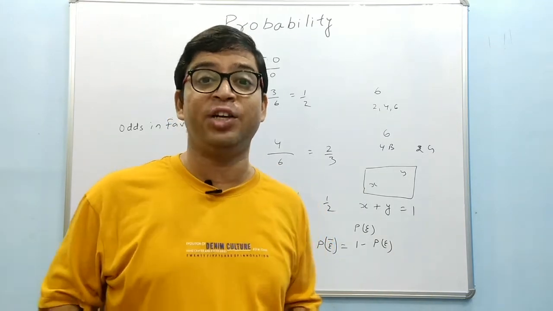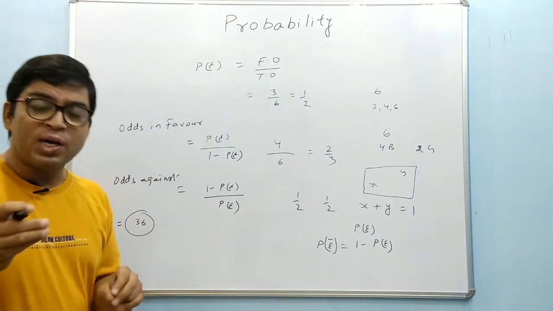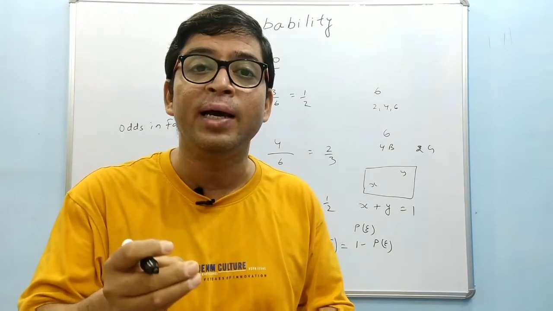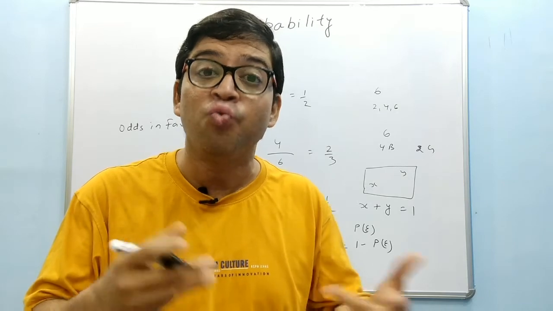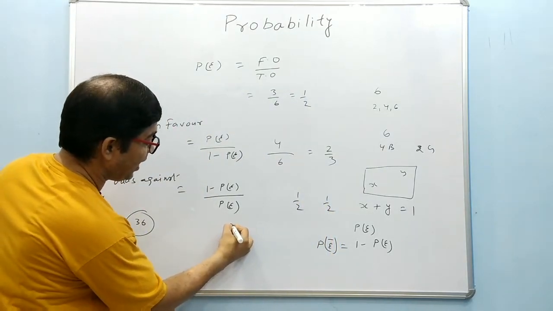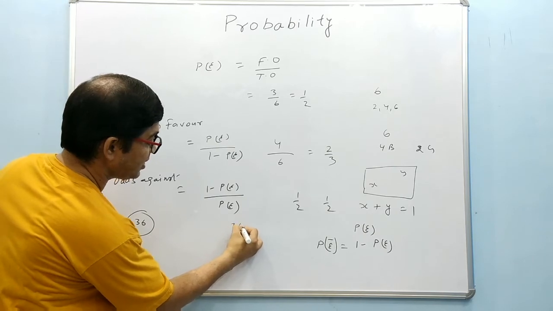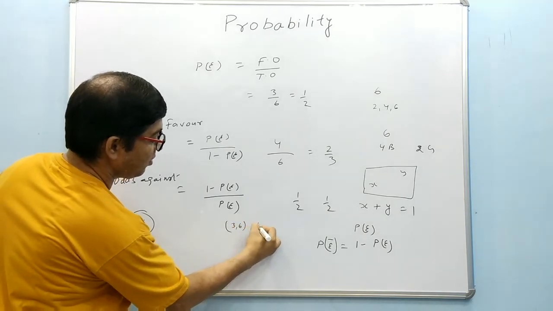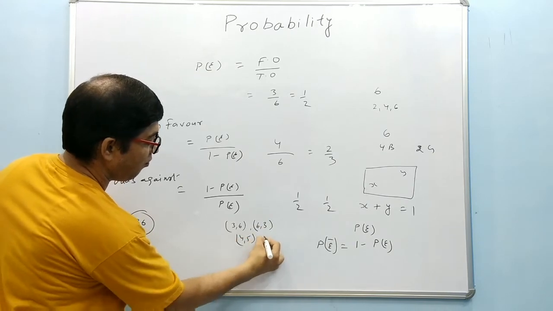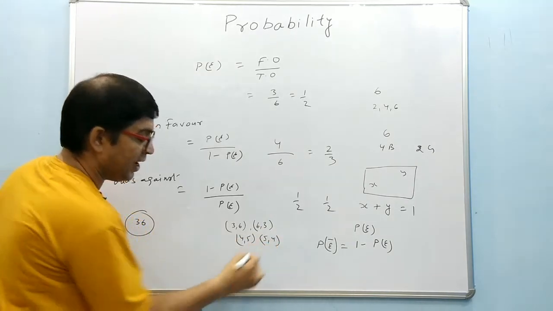That is my recommendation. Suppose I want the sum to be 9. So what will be the favorable outcome? 9 can be made as 3 and 6, 6 and 3, 4 and 5, 5 and 4. That's all.